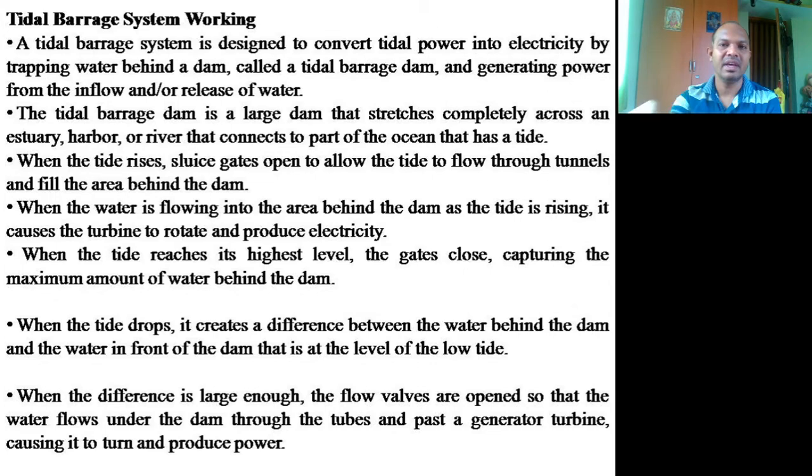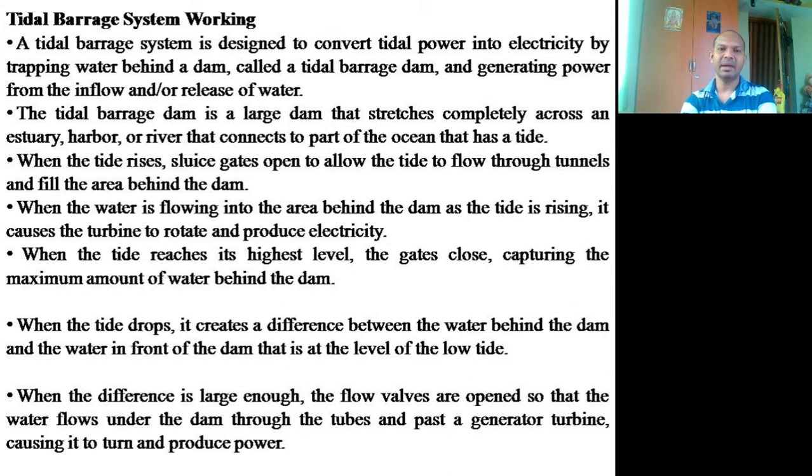Basically, there are three main components in the tidal power plant: one is the dam, or barrage, then the sluice gates, and then the powerhouse.